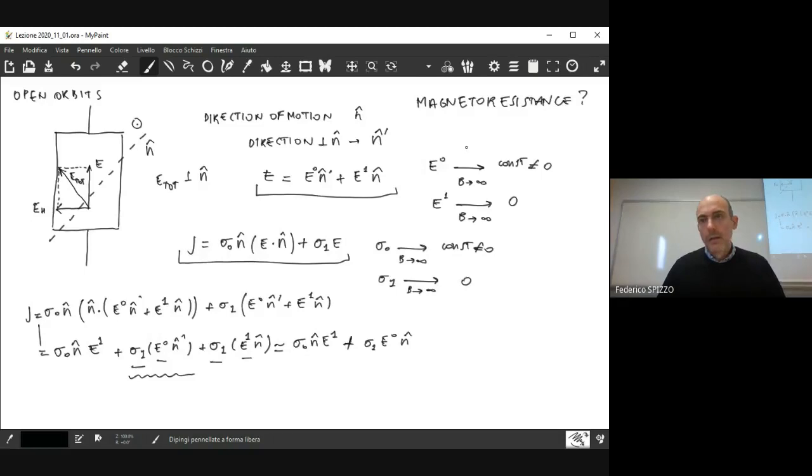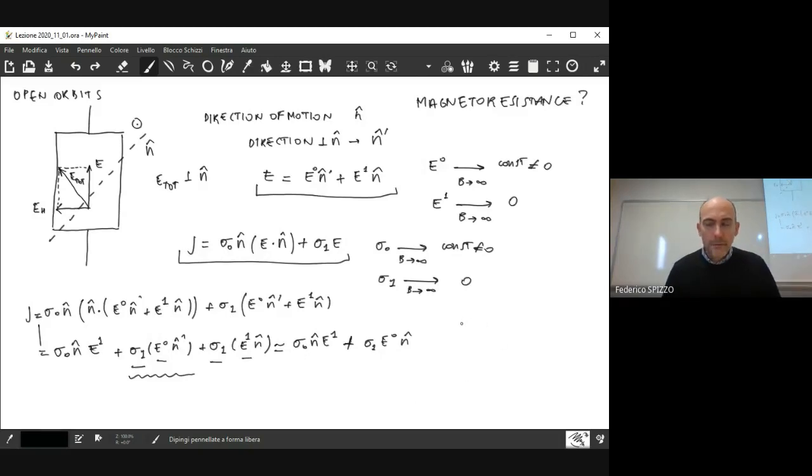That is observed experimentally, but may we justify the fact that the resistivity has a dependence on the magnetic field? So in this case, the aim of the calculation is to find an expression for the resistivity and to understand whether that resistivity depends or not on the applied field.